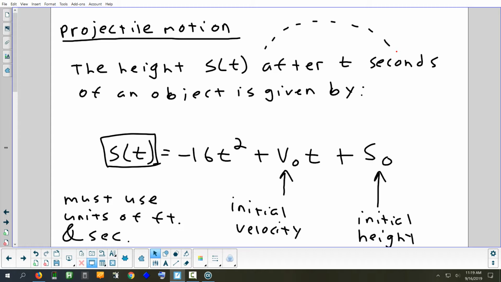Now, is anyone taking physics? So, if you took it last year, you probably saw the number like 9.8 a lot. 9.8, you can use that number if you're dealing in meters per second. When we're dealing with feet per second, we use negative 16.